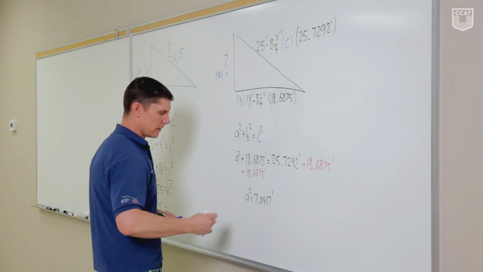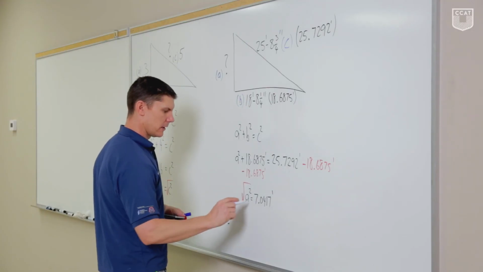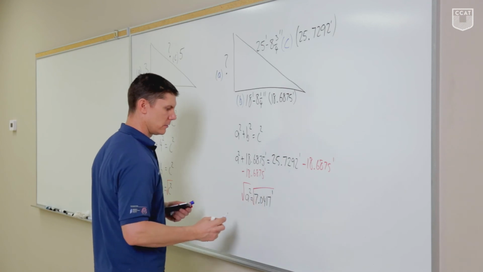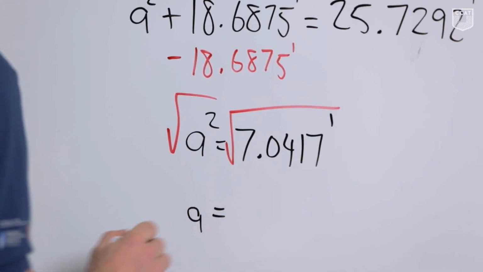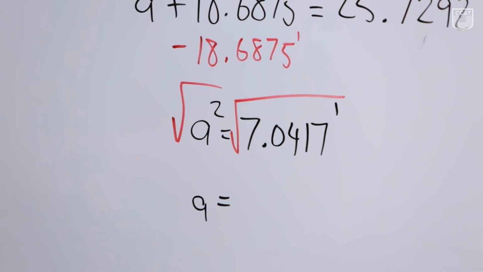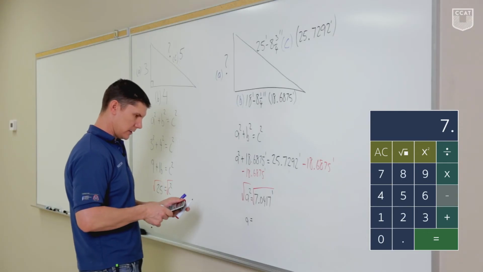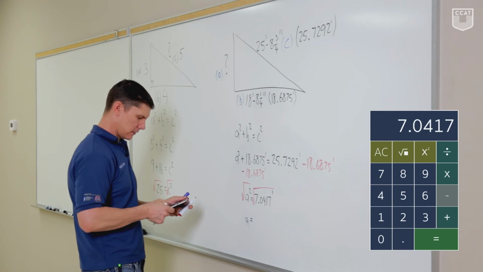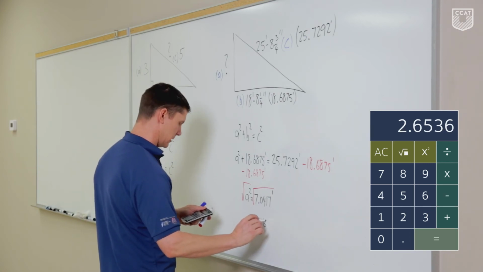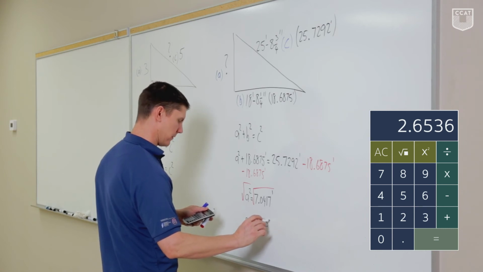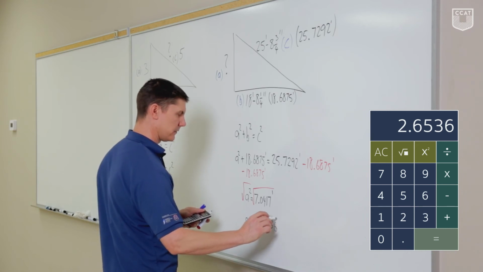So we're going to be finding the square root of that on the left side, and we have to do the square root on the right side. So on the left, we'll be left with a, and the square root of 7.0417 is going to be 2.6536 feet.